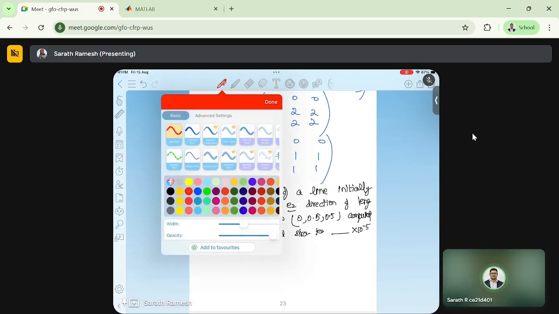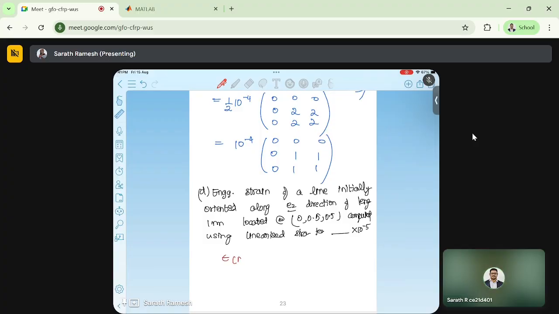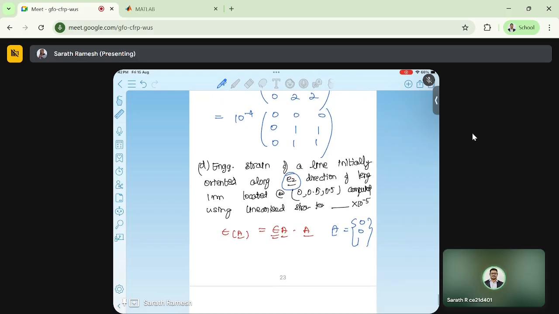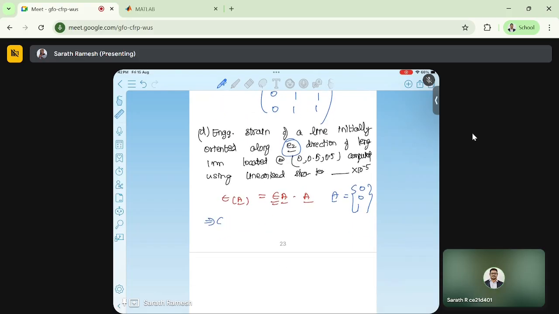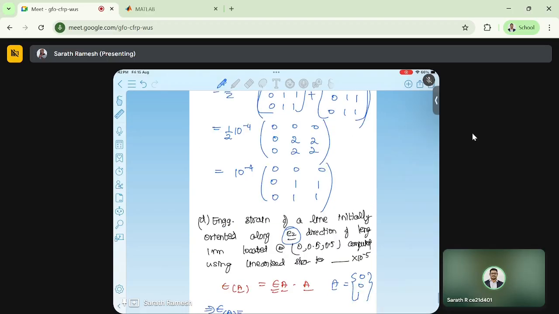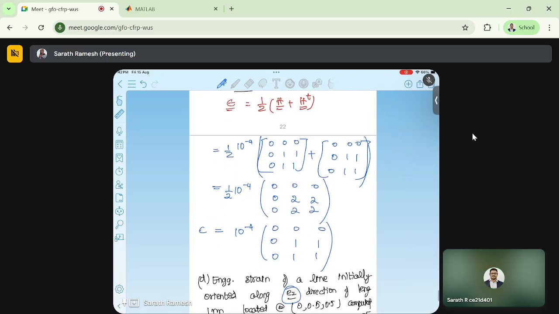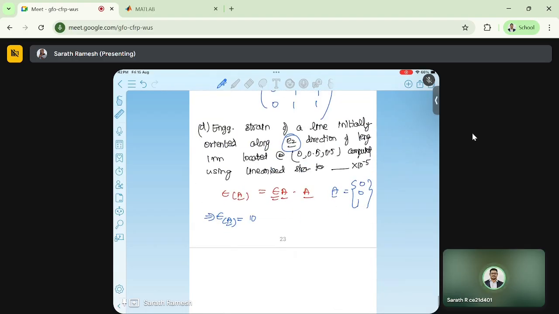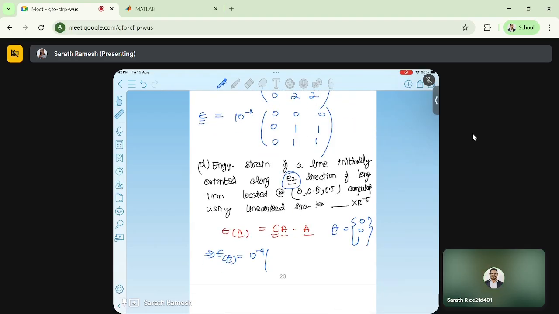What is the formula for engineering strain? Epsilon of A will be A dotted with epsilon times A, right? What is A in this problem? A is 0, 0, 1, the EZ direction. Okay, this is given. So epsilon of A is 10 power minus 4 times the strain matrix, multiplied by 0, 0, 1 on both sides.